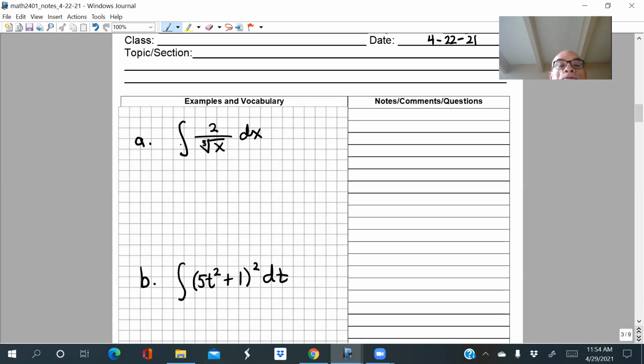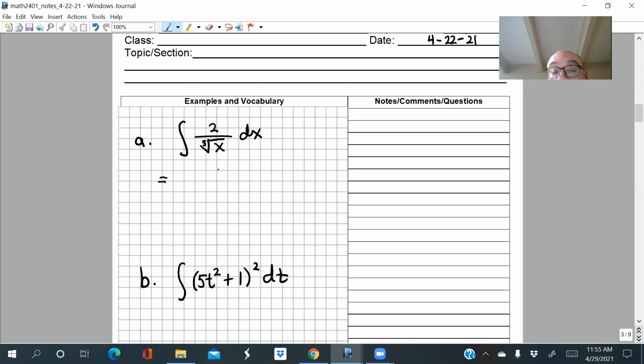So if you're given this on a test, you'll know, oh, I'm supposed to find the antiderivative here. Now, we know how to find antiderivatives of powers of x. When we start learning how to find antiderivatives, that's actually the first thing we learn.